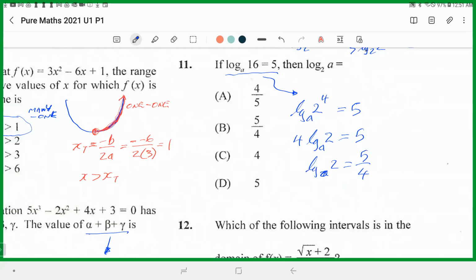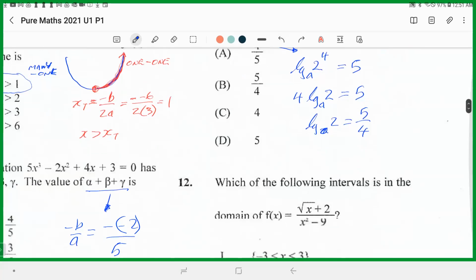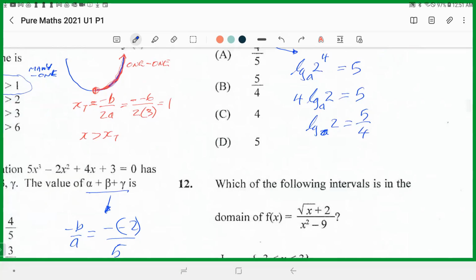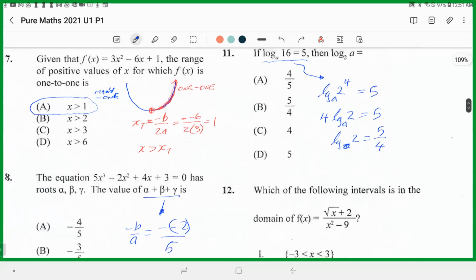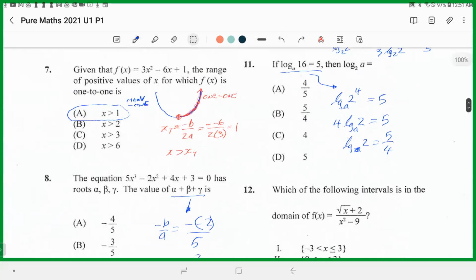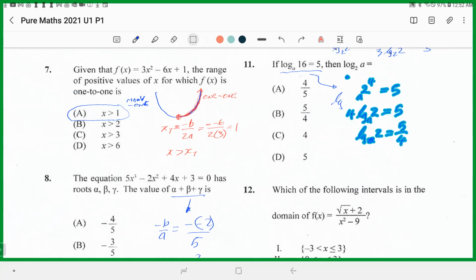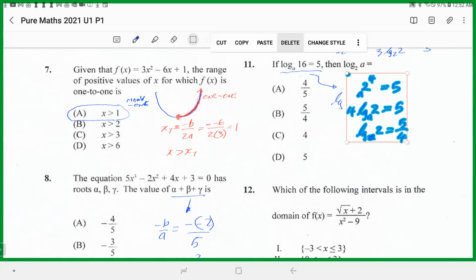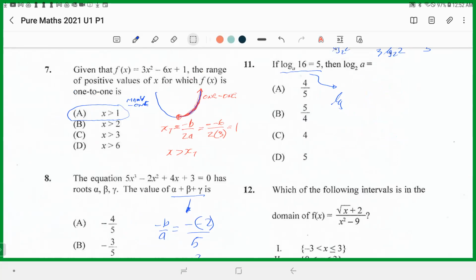Watch this now. This log to base 2 of A, log of 2 to base A, is the same as 1 over... I'm going to make this smaller now and shift it up. So you're just saying that is if A is equal to 1?